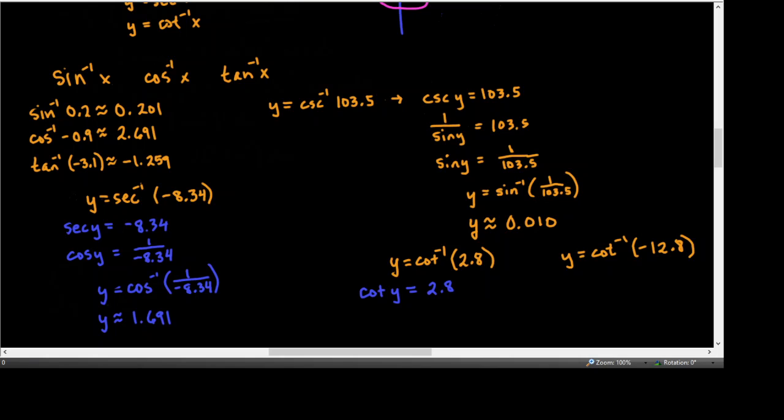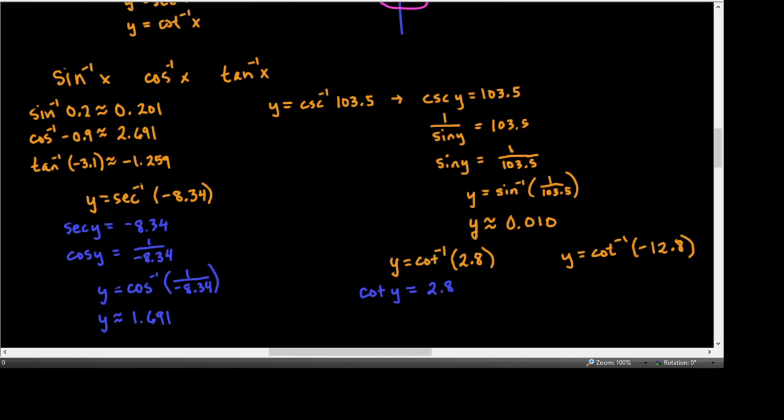The range of cosecant inverse is negative pi over 2 to pi over 2, not including 0, is 0.010 between negative pi over 2 and pi over 2? Yes.